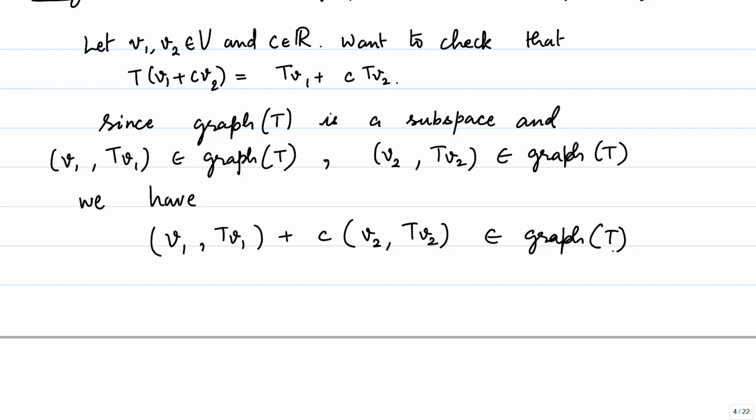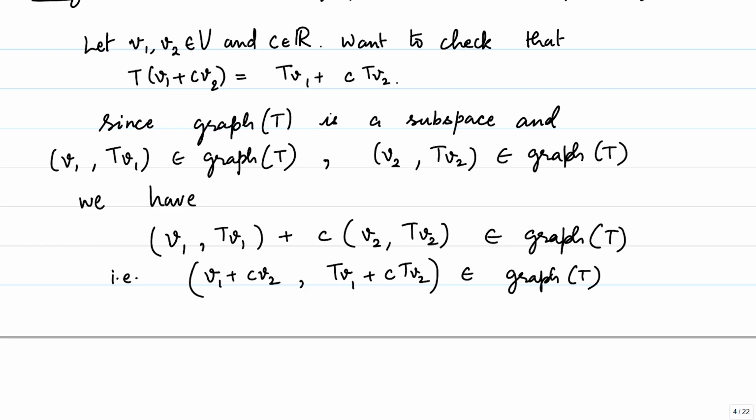So because of that, this element should also be in graph of T. But if you carefully look at it, by the very definition of our vector addition in the product vector space, this is (V1 plus cV2, TV1 plus cTV2). This belongs to graph of T.